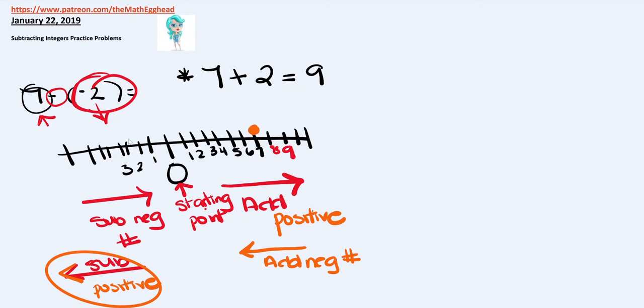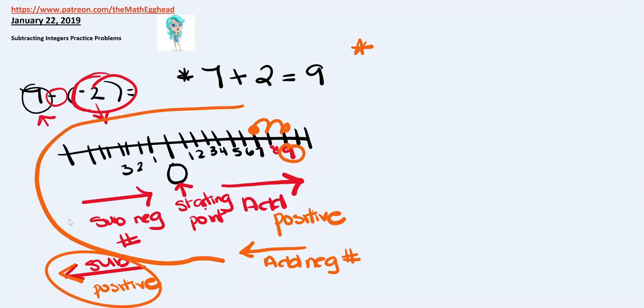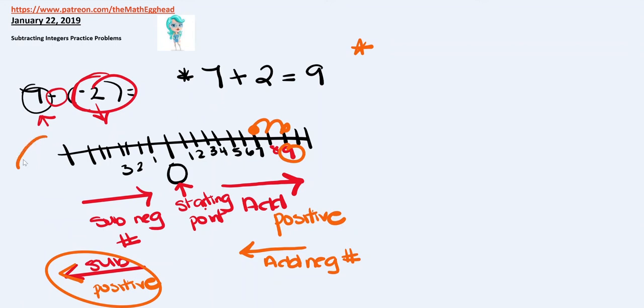So usually if we're subtracting, we're going to the left. But we're subtracting a negative number, so we know that we have to go 1, 2 to the right. Now I know that might sound a little confusing at first, but that's the rule, okay? If you want to do it by the number line, this is how you can do it. Take a copy of it, pause the video, and copy these rules.